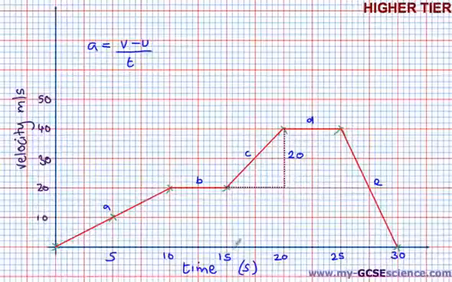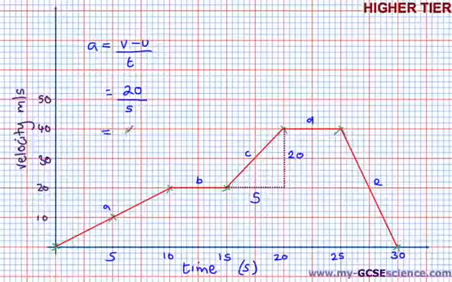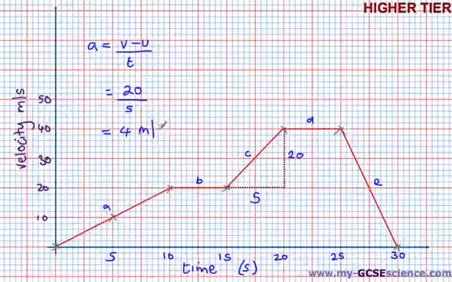And between here and here we go from 15 to 20, so that's 5. So all you would do is put the 20 over 5, and that gives you an answer of 4. And remember, for acceleration it's 4 meters per second squared.